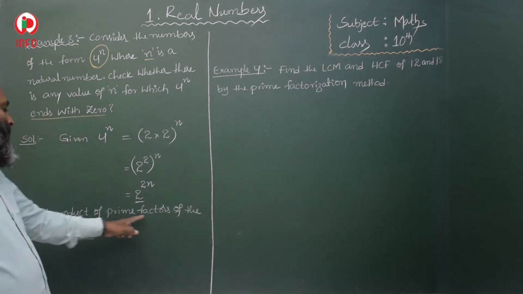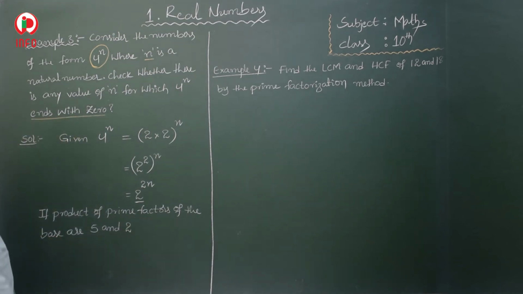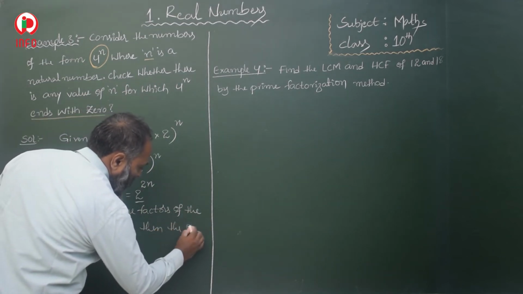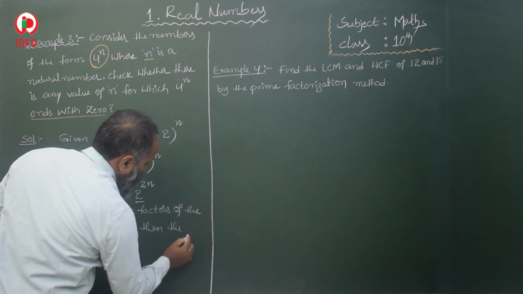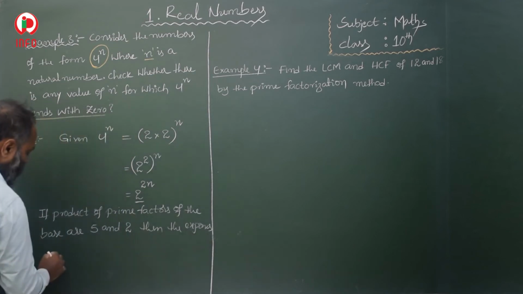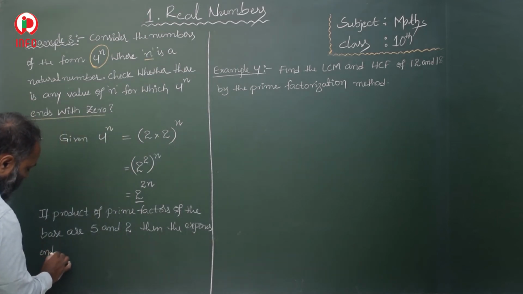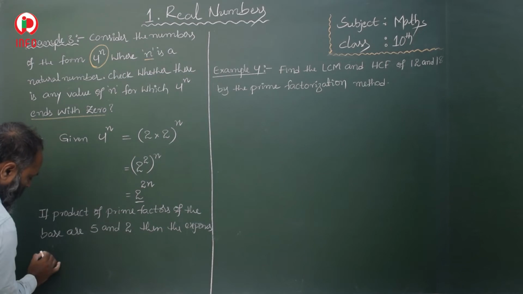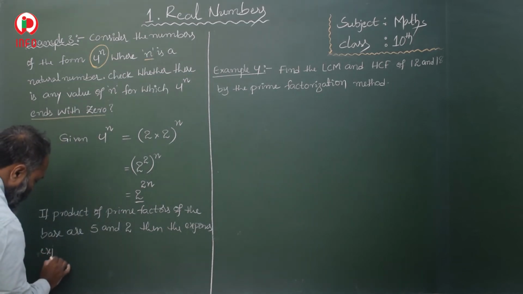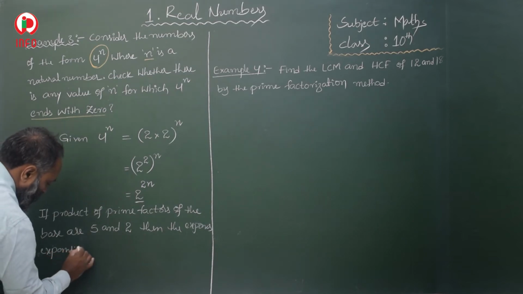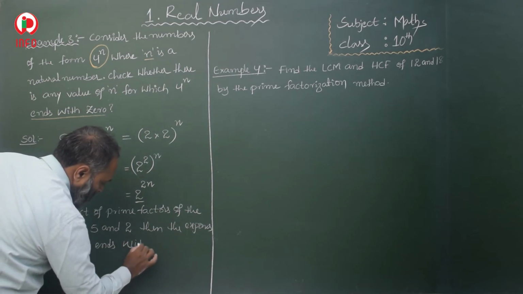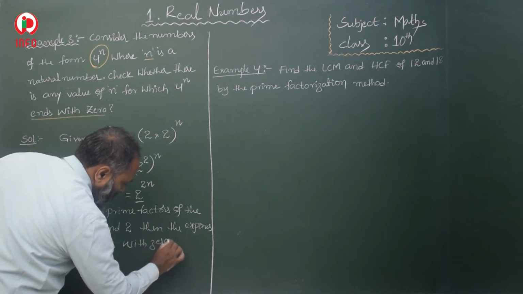So if the prime factors of the base are 5 and 2, then the exponent expansion ends with 0.